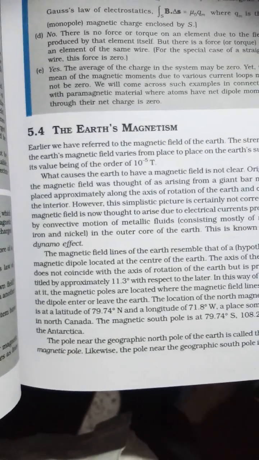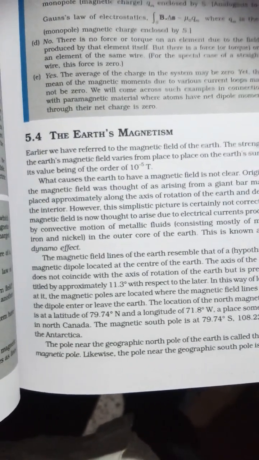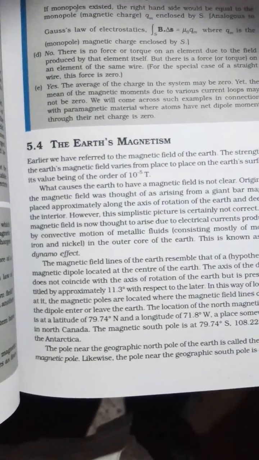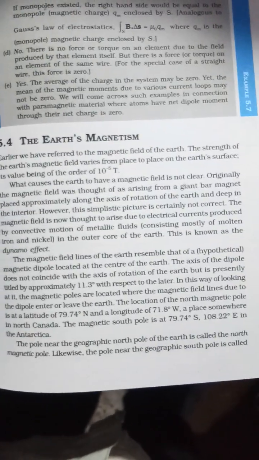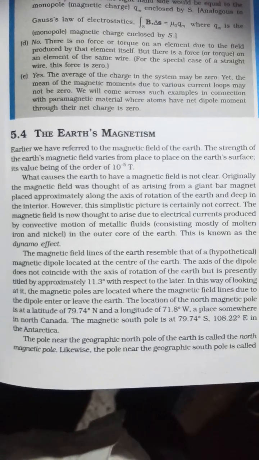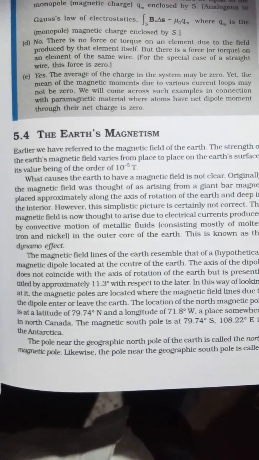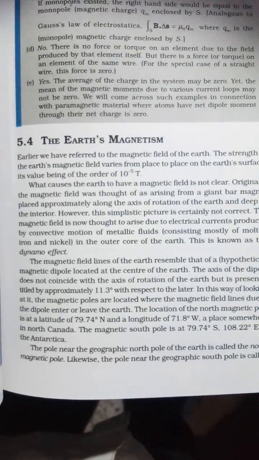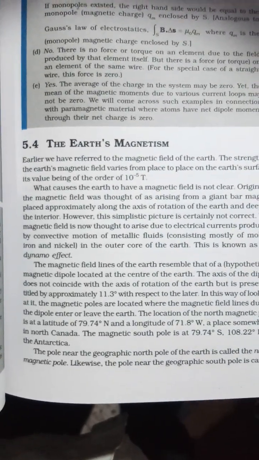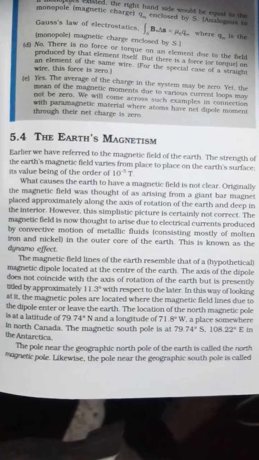The next level of discussion will be the Earth's magnetism. What is the relationship between magnetism and Earth? We will discuss this and get information regarding the magnetism and matter topic of the physics subject. We will meet in the next discussion with a lot more. Till then, thank you. Thanks for watching the video.